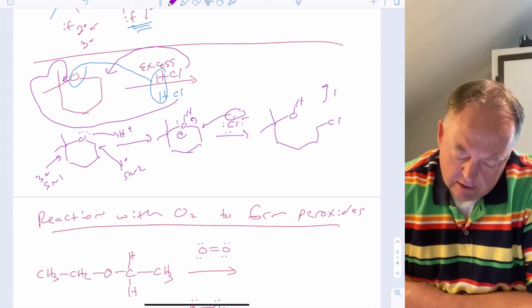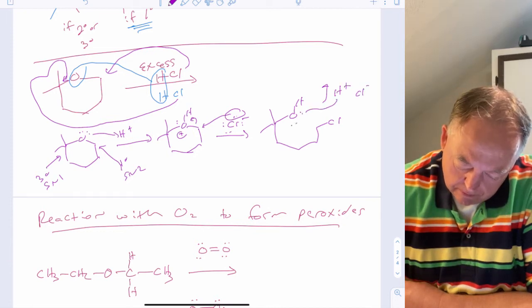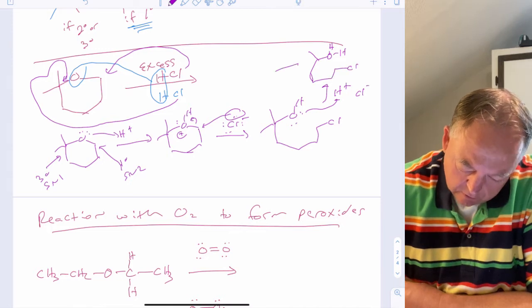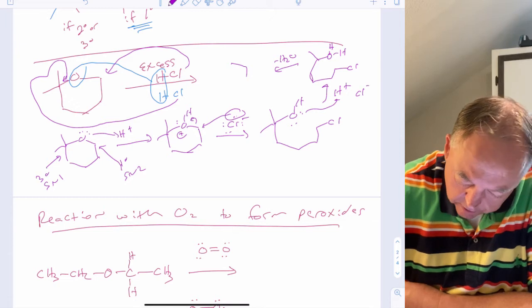And then protonate again, so another HCl. And then water leaves. Oops, sorry, lost the methyl group.